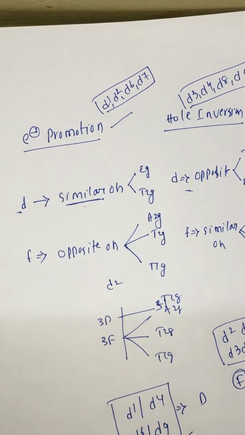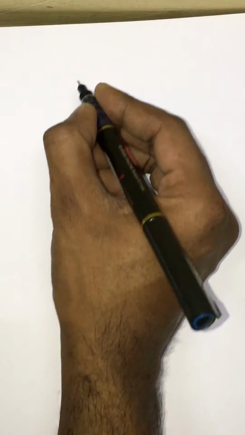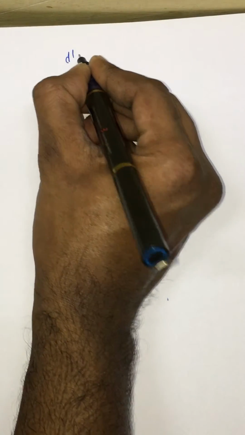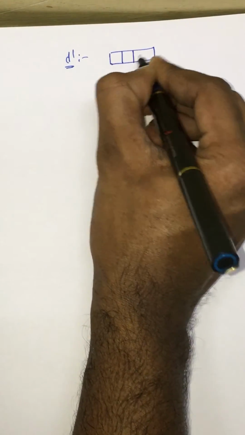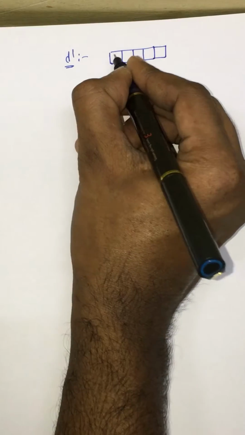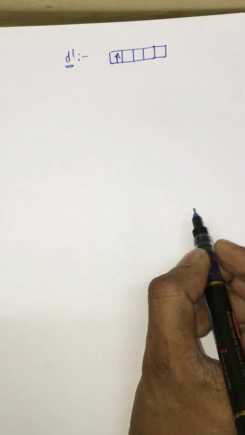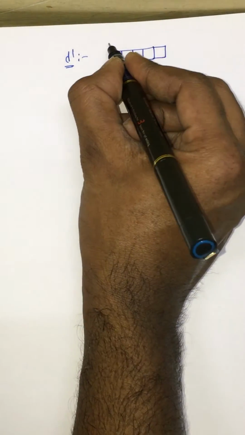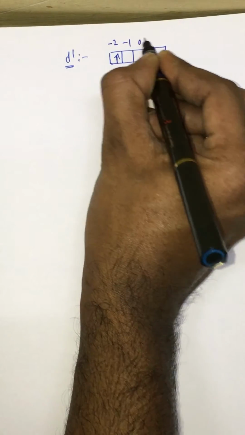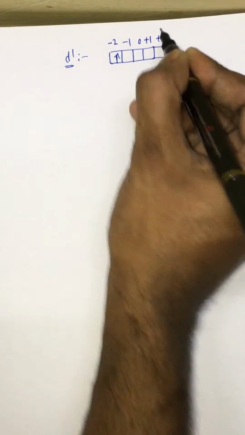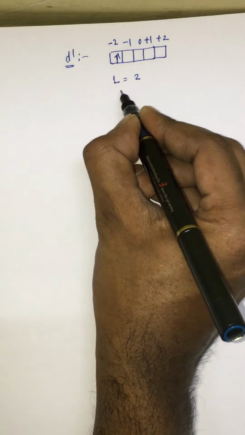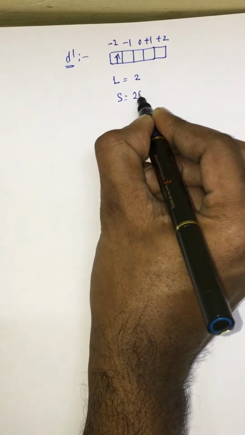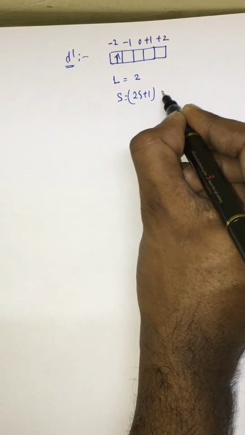First we will take D1. Here one electron is there, so ml values will be -2, -1, 0, +1 and +2. Here L equals 2. Then S will be 1/2, and the multiplicity 2S plus 1 is 2 into 1/2 plus 1, that is 2.